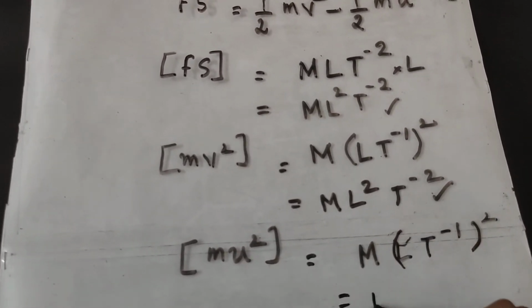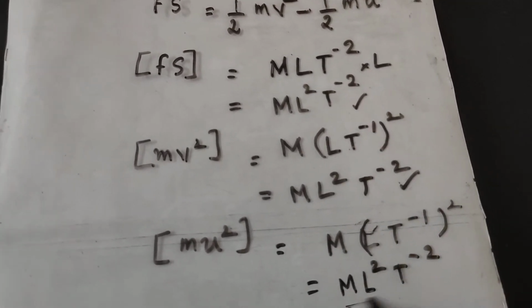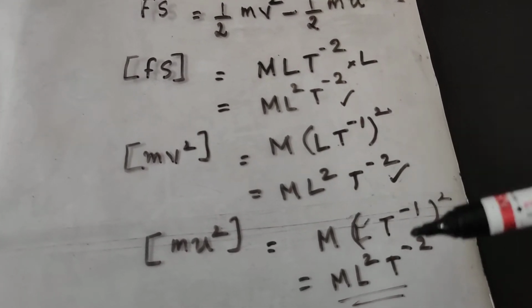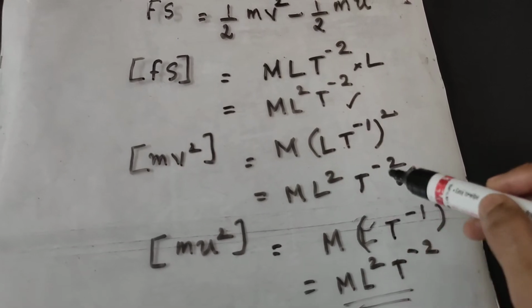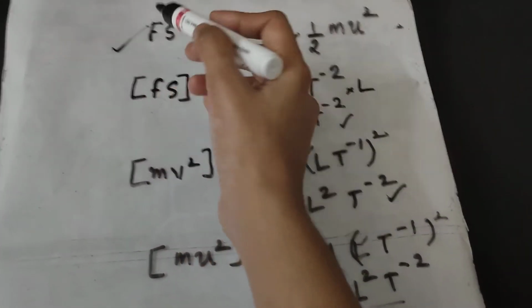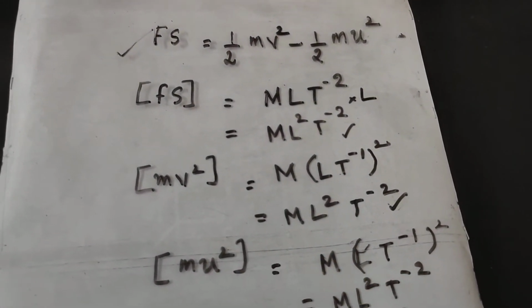It is again ML square T raised to minus 2. So all the terms involved in the equation have the same dimension. The dimension is ML square T raised to minus 2 for all three terms. So we can say that this equation is dimensionally correct according to the homogeneity principle.